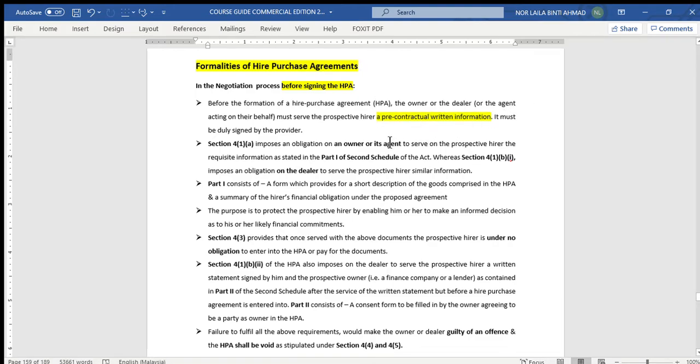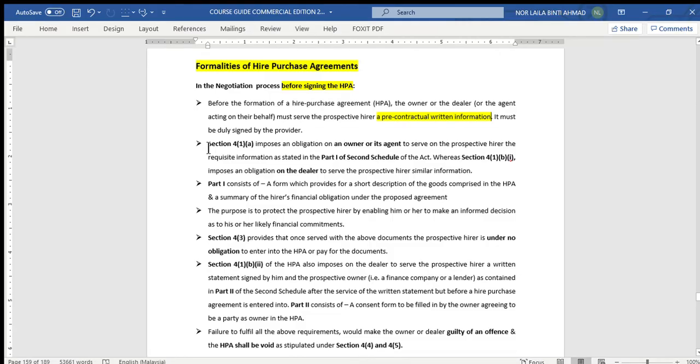This is the first document that must be served to the prospective hirer, who has not signed the contract yet. It must be duly signed by the provider. Provider depends on who serves the notice.